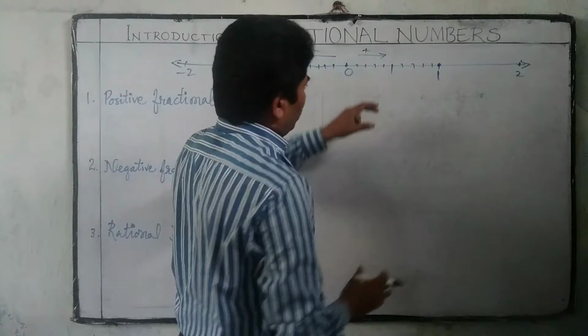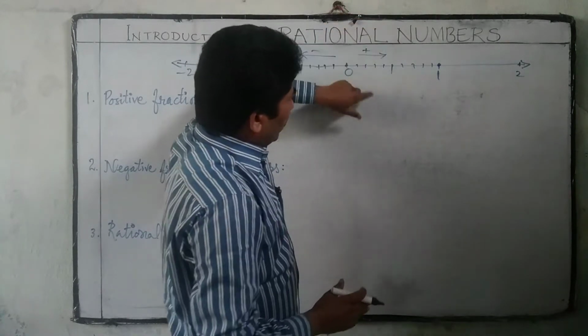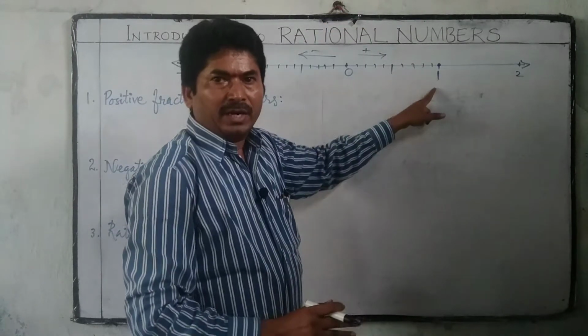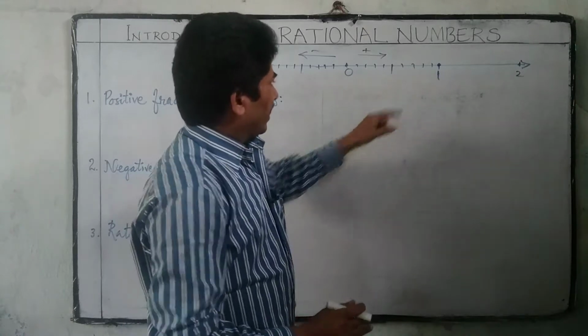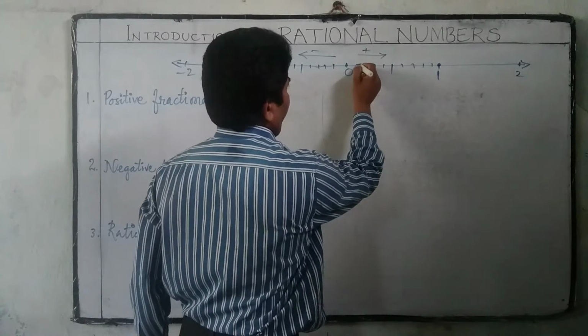We have done this 0 to 1 into 10 parts. So we can write this as 10 equal parts.